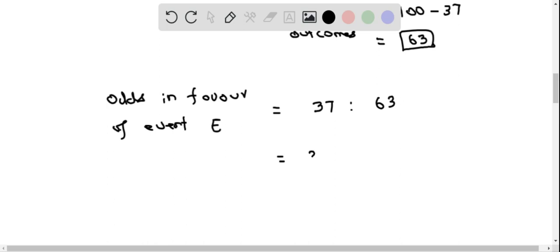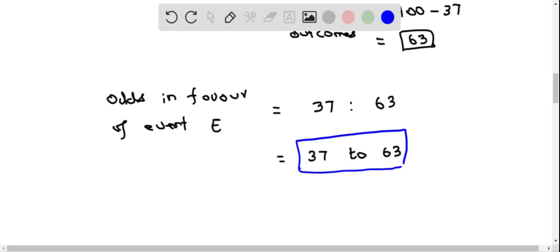Or otherwise, we can write this as 37 to 63. Thus, we have determined the odds in favor of event E. So choose choice B as the answer and include these two numbers, that is 37 to 63.